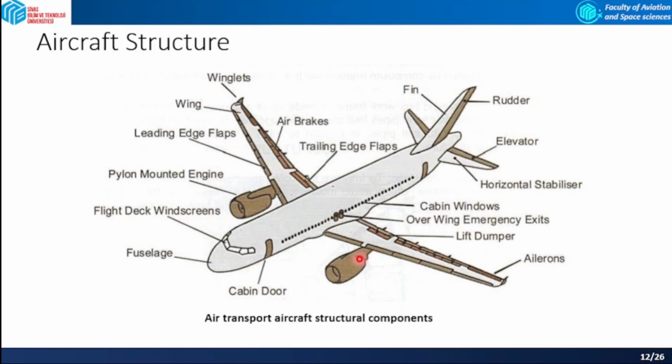In some designs, the engines and landing gear also connect directly to the fuselage, and as you see in this picture, in modern civil air transport aircraft, the fuselage resembles a tube. So it accommodates the flight deck, the passenger cabin, the freight holds, and most of the necessary equipment for operating the aircraft.